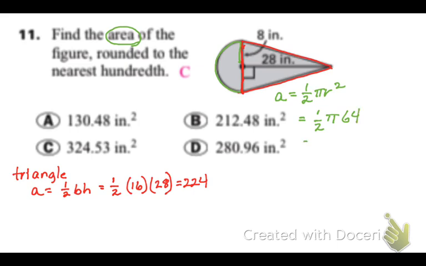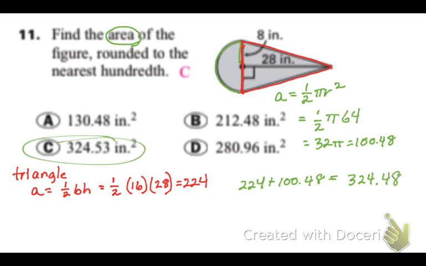So it's equal to 32 pi. Okay. And which is equal to about 100.48. And remember, we need to add those two together. So 224 plus 100.48 is equal to 324.48. And looks like C is a good match.